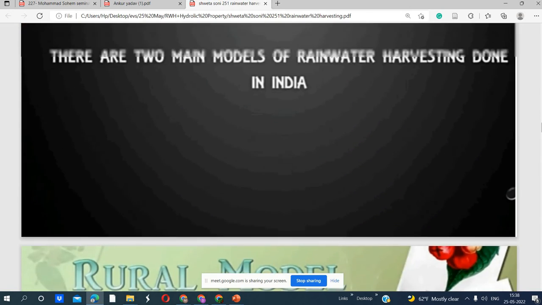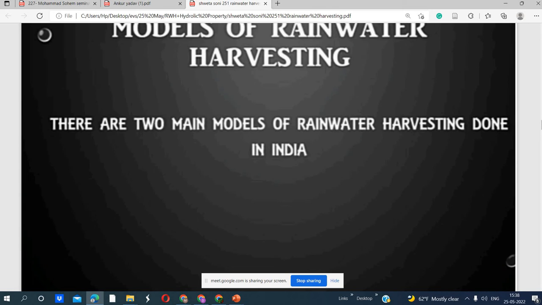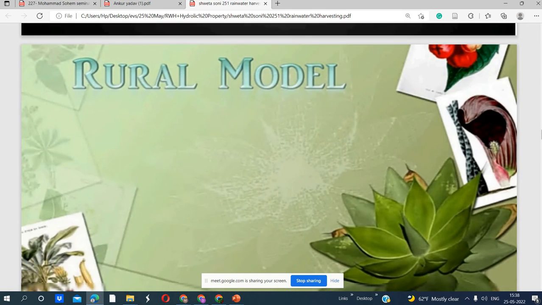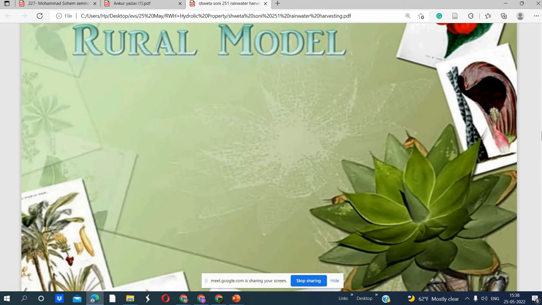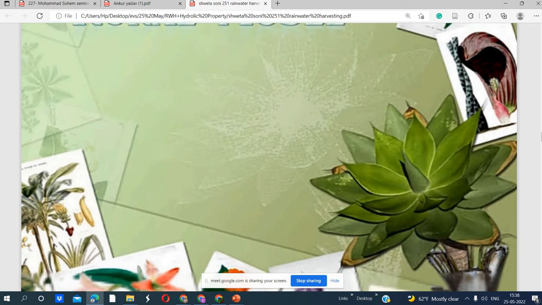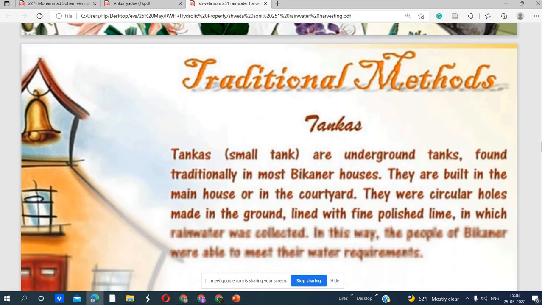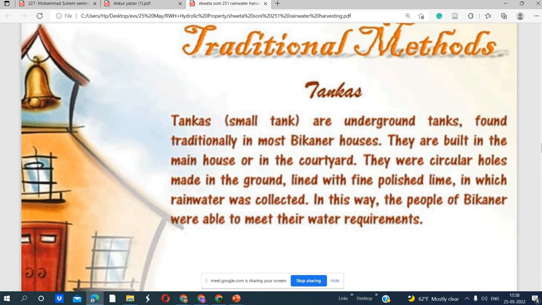There are basically two models of rainwater harvesting: the rural model and the urban model. Here the traditional methods come. The first is tankas, as in Gujarat and Bikaner houses, which have tanks for underground storage of water.